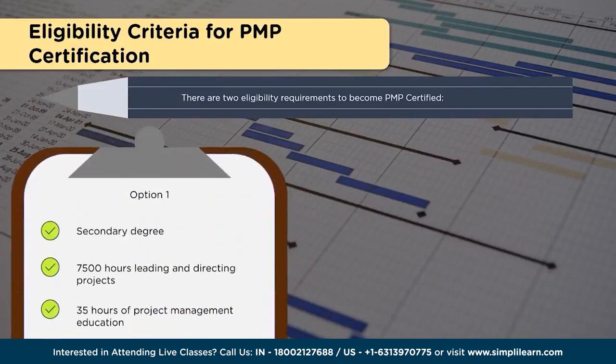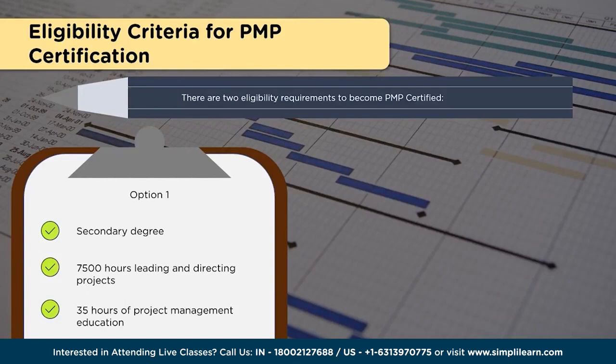Option 1 includes someone who has a secondary degree, who should have 7500 hours of leading and directing projects. That is the experience it is asking for as a prerequisite before the professional goes for the examination, plus 35 hours of project management education formally from a registered education provider like Simplilearn.